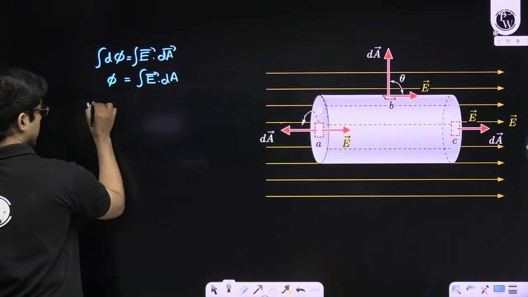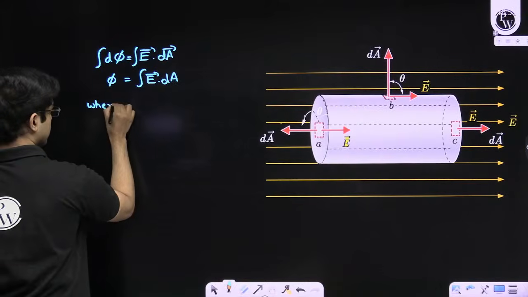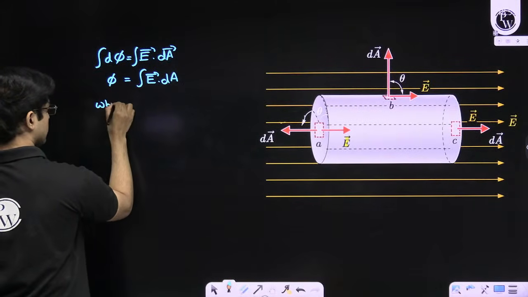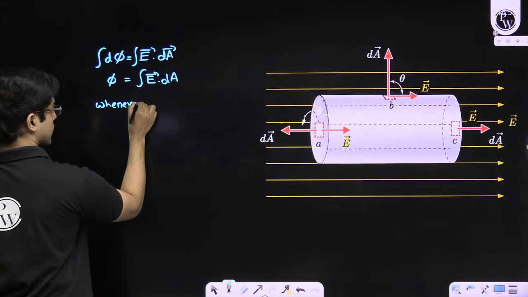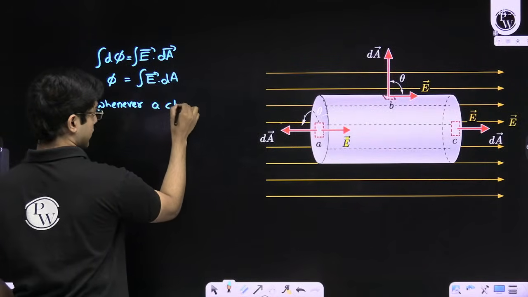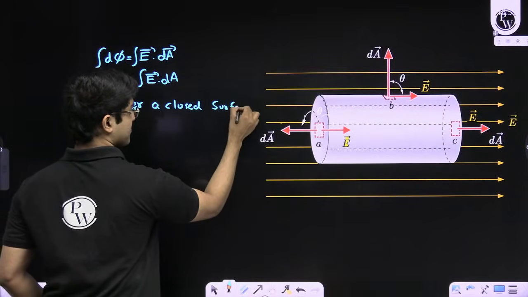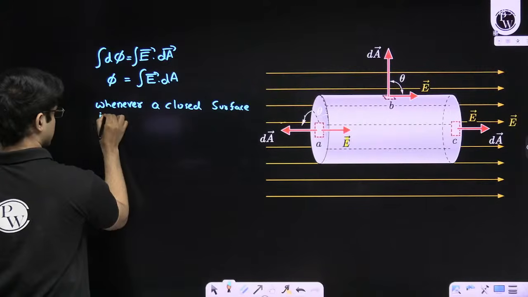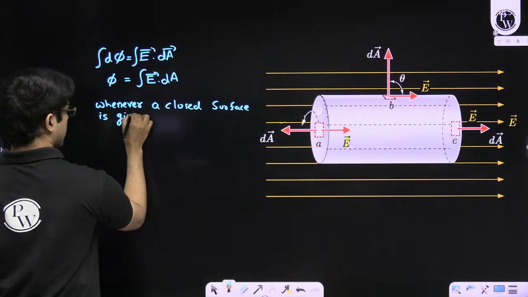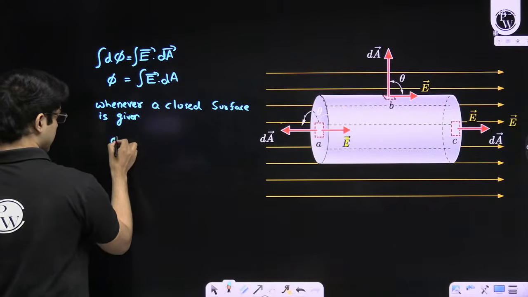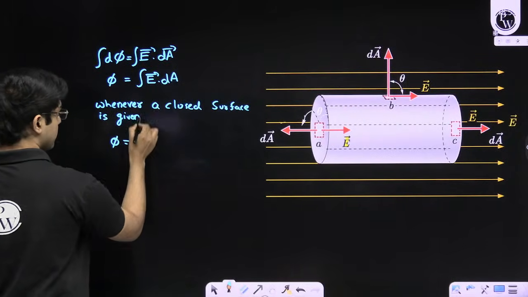Now, whenever a closed surface is given, there is something to keep in mind. The flux calculation changes by a little bit.